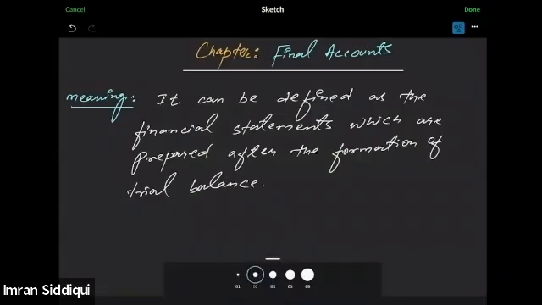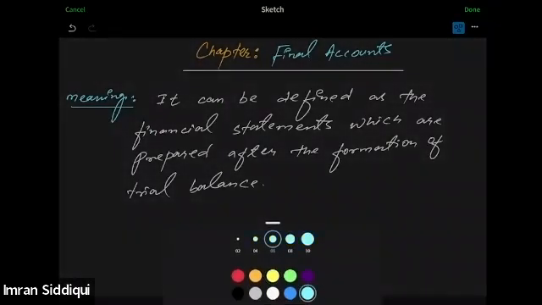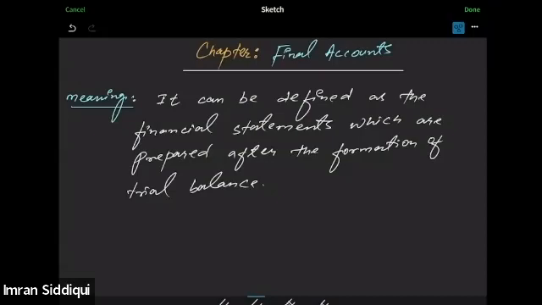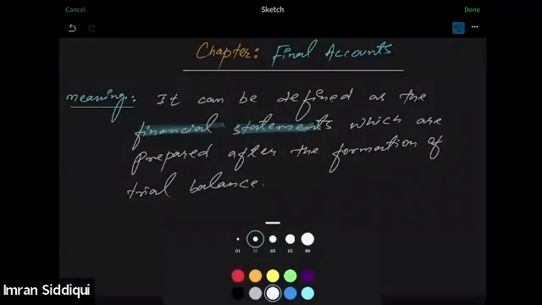So what are the various statements that are covered under the final account? As I wrote, it can be defined as financial statements. What are the different statements that come under the final account? There are three statements.